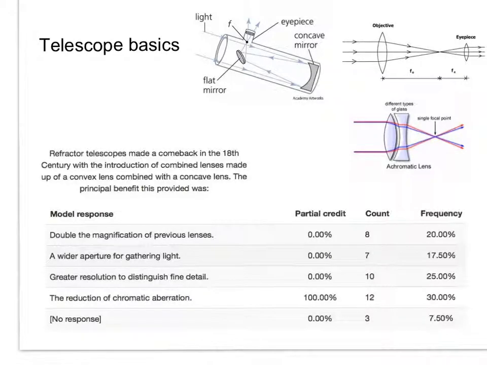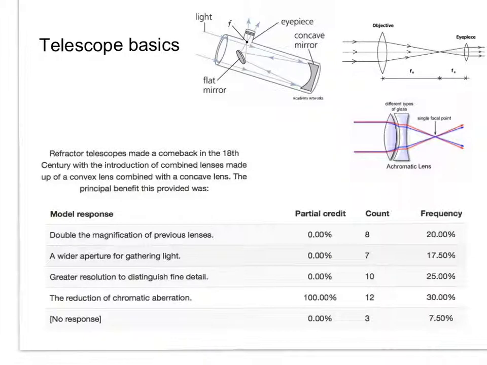Okay. So I just wanted to pull out a few questions about telescopes, because in this era of Mars exploration, telescopes obviously were key. And I don't know how many of you have actually played around with telescopes or know the difference between a Newtonian versus a refractor telescope.